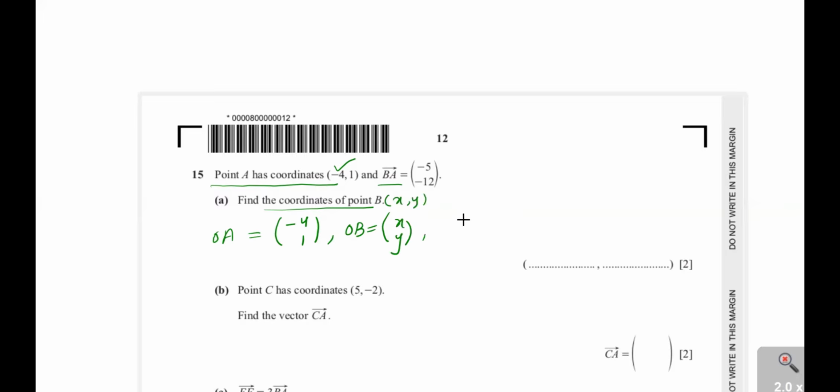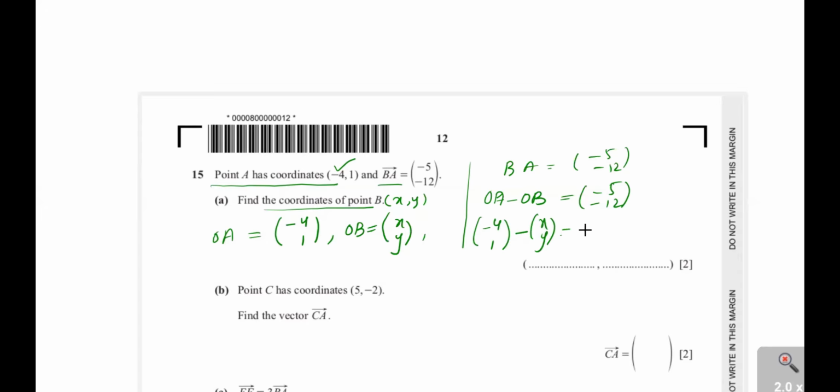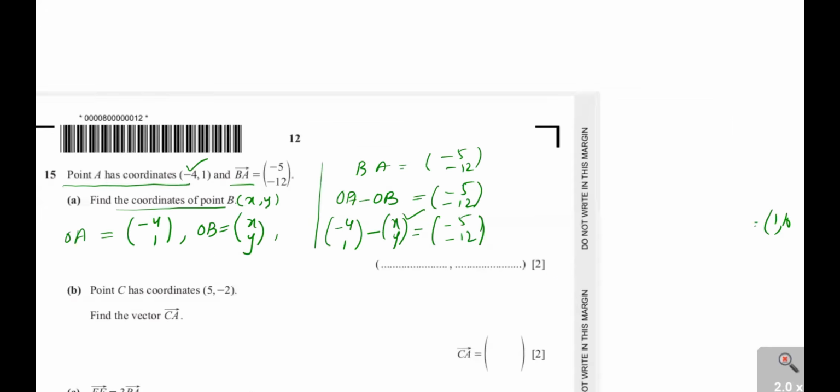And here BA is minus 5, 12, and we can write BA as OA minus OB, and this will be equal to minus 5, 12. Here OA is minus 4, 1 and OB is x, y, equal to minus 5, 12.